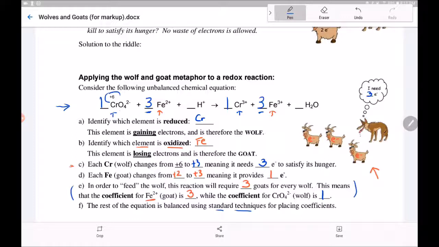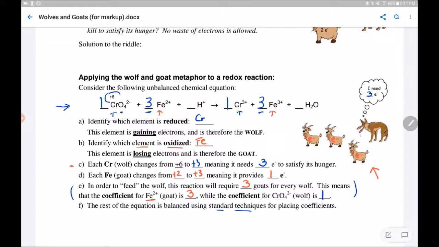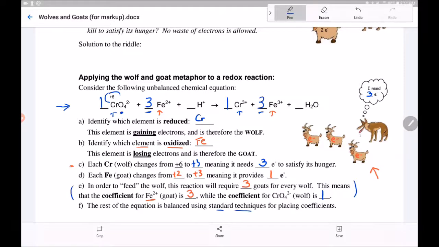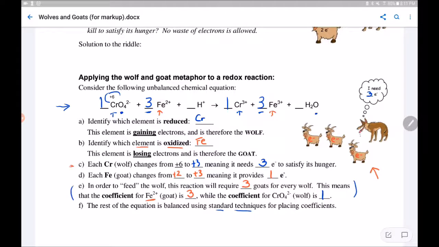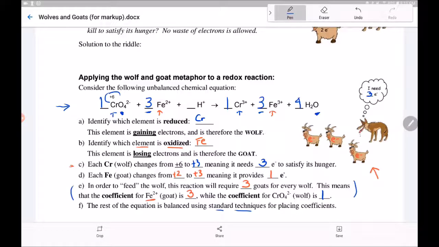So oxygen, there are 4 oxygens right here. Right now there's only 1 oxygen in the end. So this coefficient needs to be a 4. That will provide 4 oxygens in the end to balance the 4 in the beginning. The last coefficient is the H+.